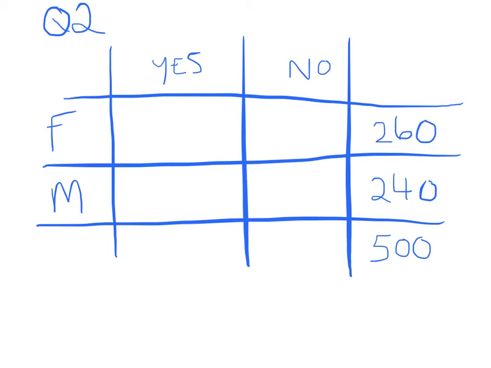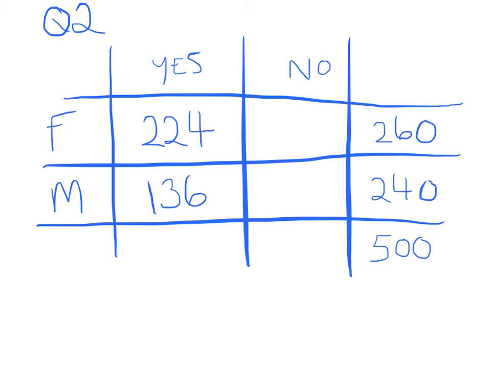We've been given that information, so we can go in. Now, we've also been told that of the males, 136 answered yes, so we can put in that value. That's just where yes and male intersect. And we've got then 224 females answering yes, so we find where we've got female and yes, and we can put in the 224.